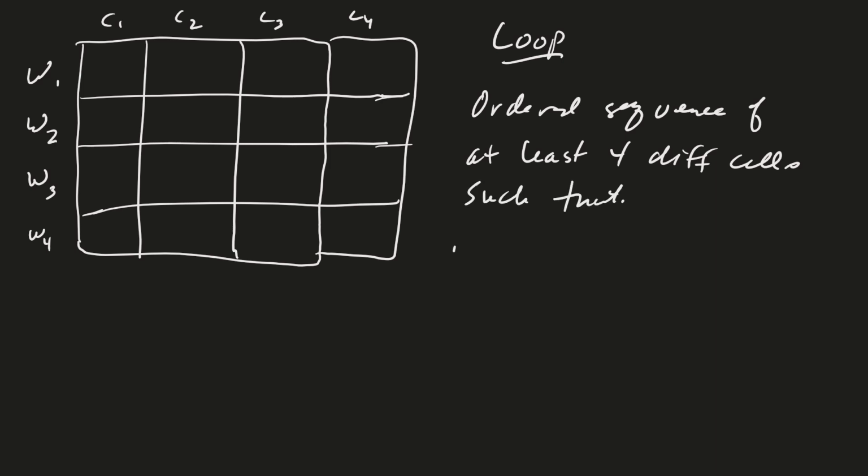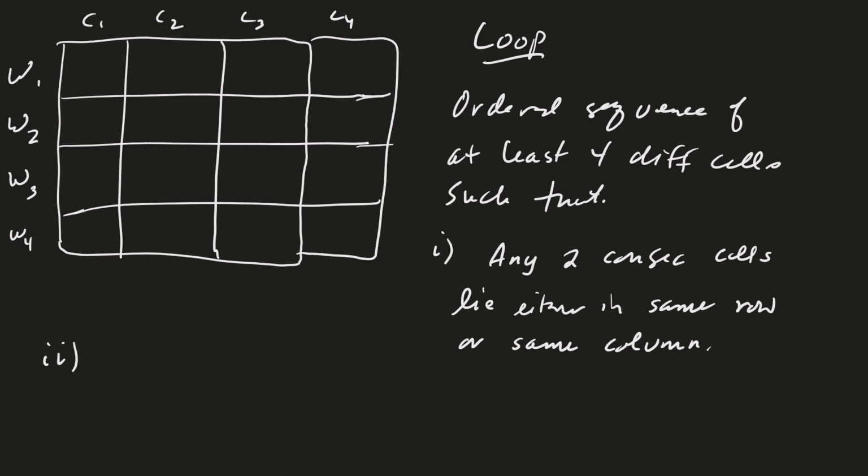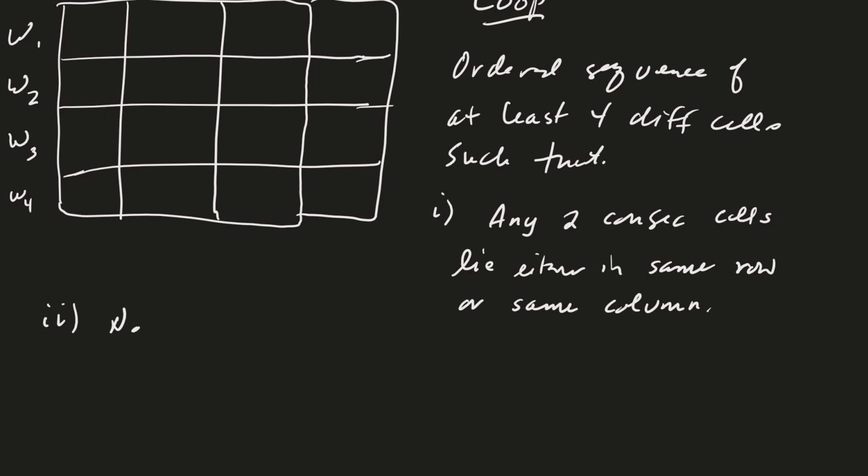And we're going to look at examples of these. 1, any 2 consecutive cells lie either in the same row or same column. Okay, part 2 is no 3 consecutive cells lie in the same row or column.